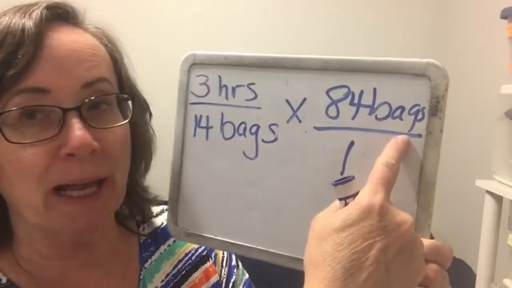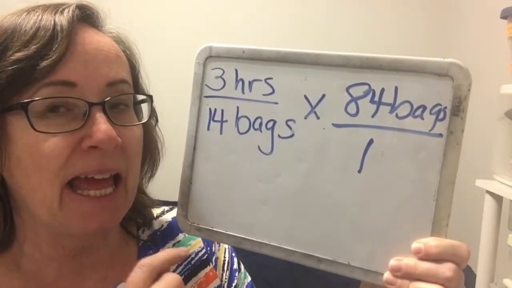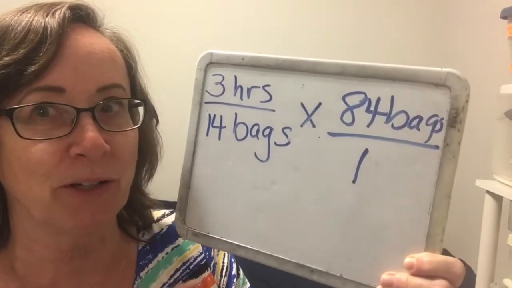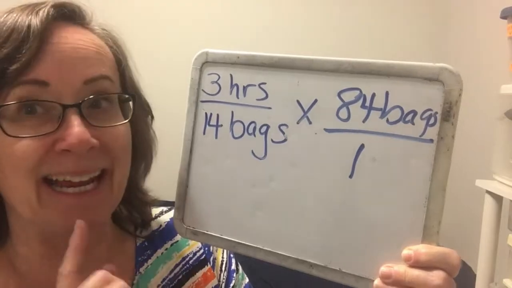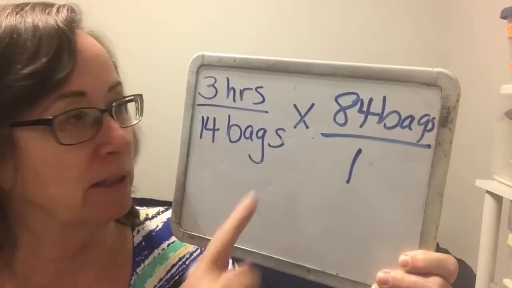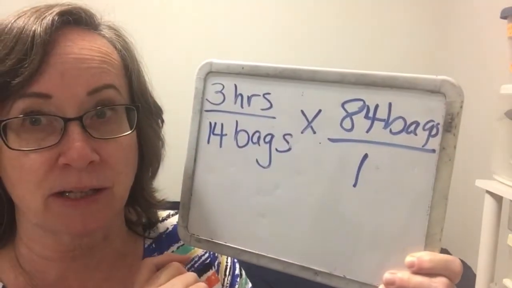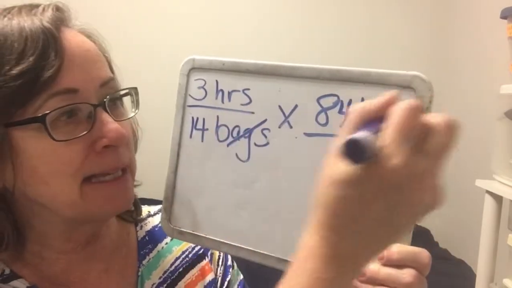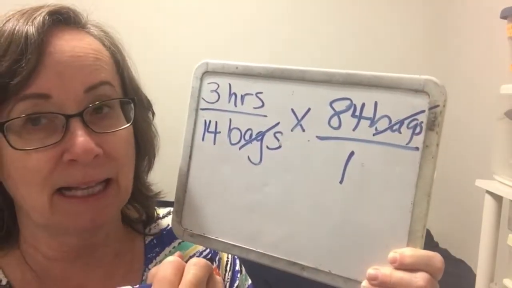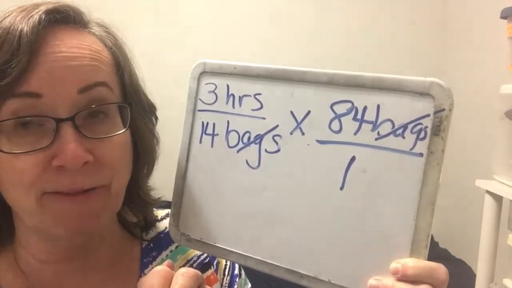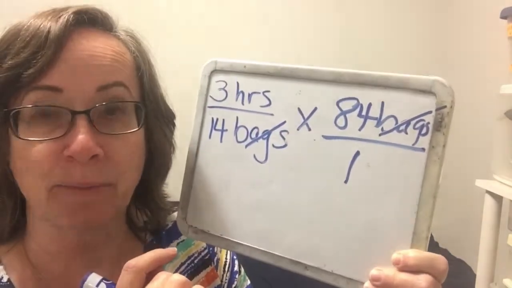So we're going to multiply by 84 bags. Now notice that the problem even tells you if you're doing it correctly. The answer that's going to wind up out is going to be hours, because hours is on top. But also bags is going to cancel bags, leaving only hours left. So I know I have set it up correctly.